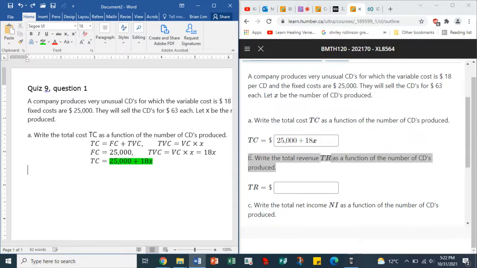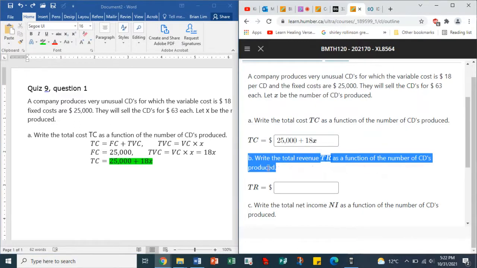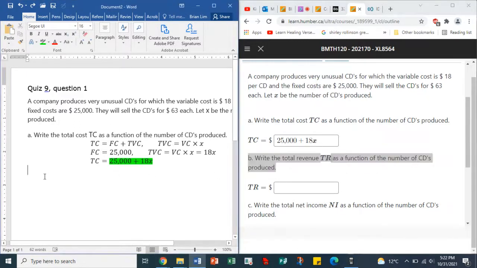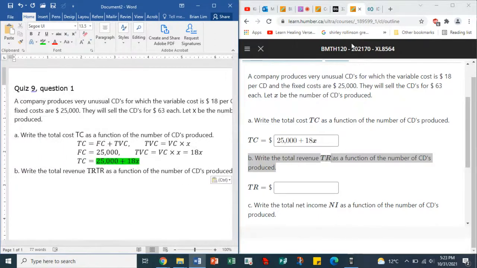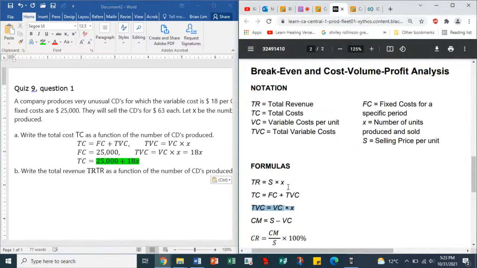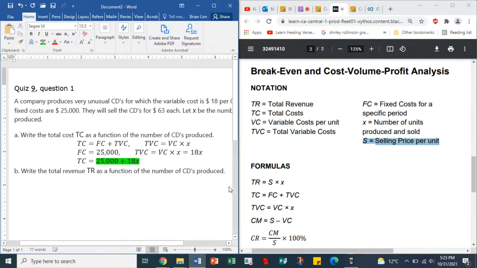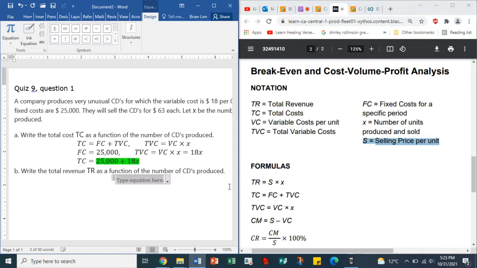We didn't copy this, so let's copy it now and put it in here. How do we get the total revenue? We go back to our formula sheet and it's S times X, S being the selling price per unit. That looks quite straightforward. So down here, we want the total revenue function.